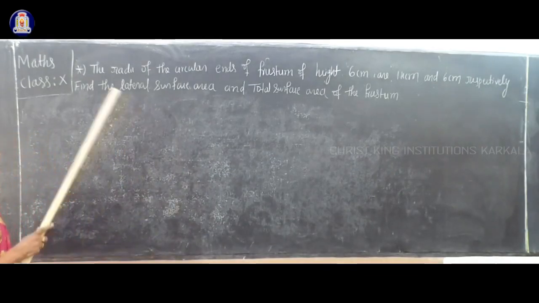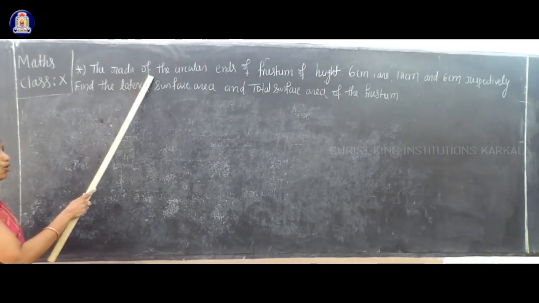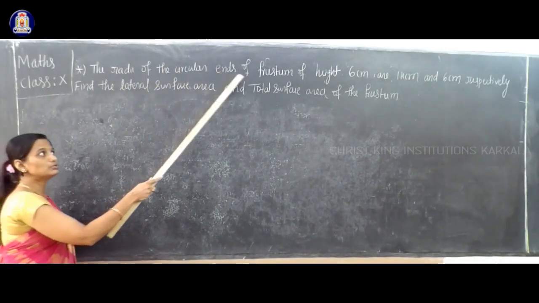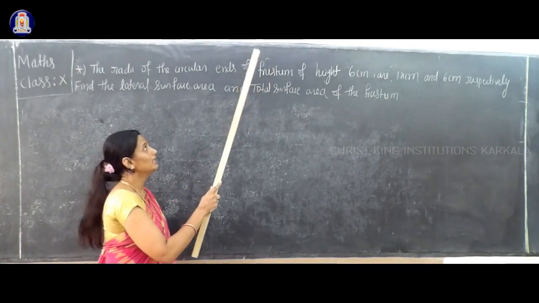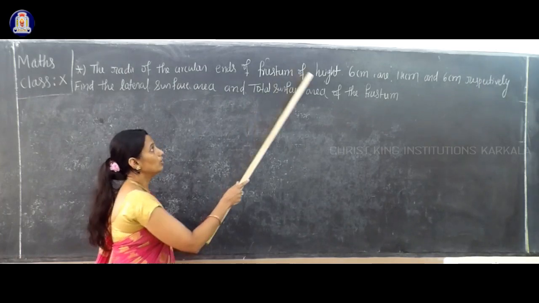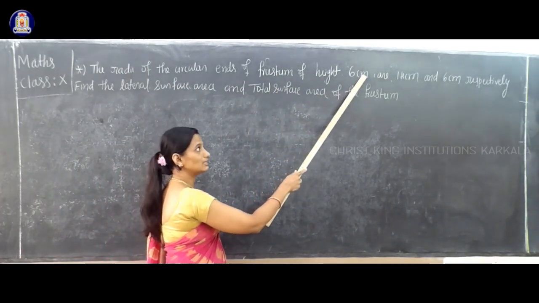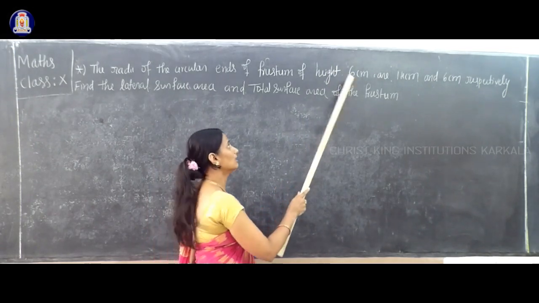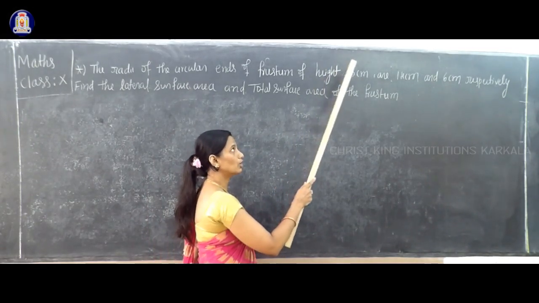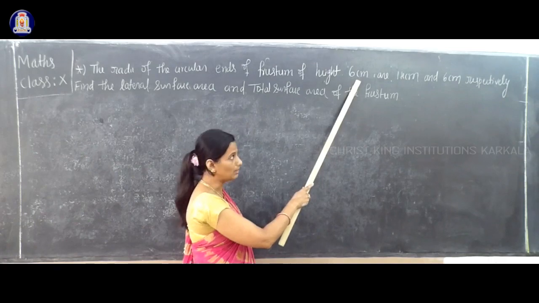Next question. The radii of circular ends of a frustum. So what is the shape of the solid here? It is a frustum of height 6 centimeter. Of height 6 centimeter means h is equal to how much here? 6 centimeter.